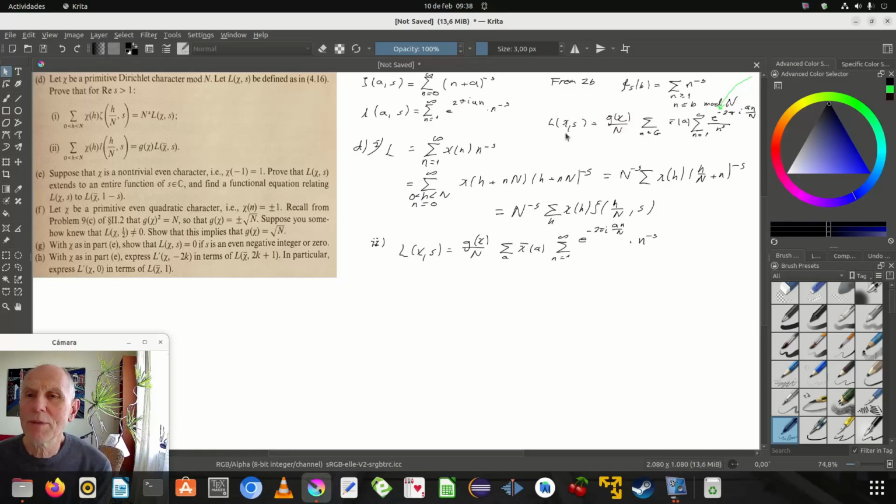I have to do the opposite of what you did up here. And of course this A confuses me, because this A is probably the residue.